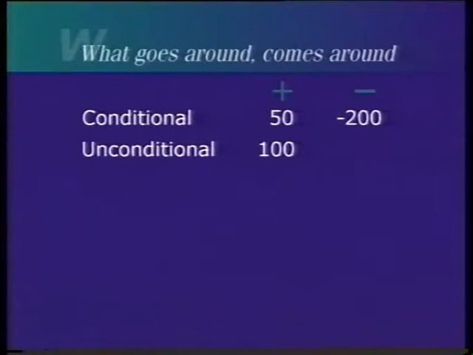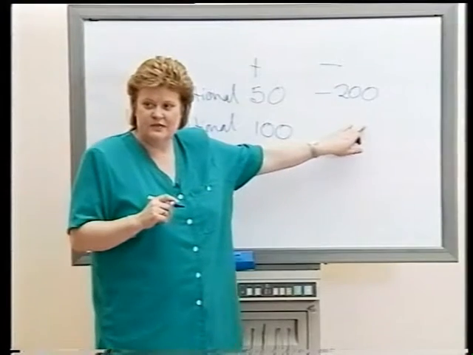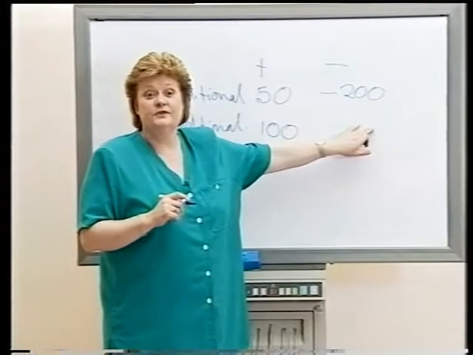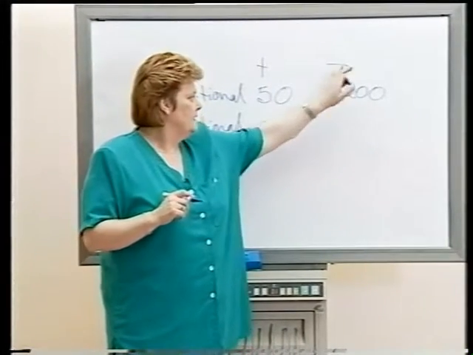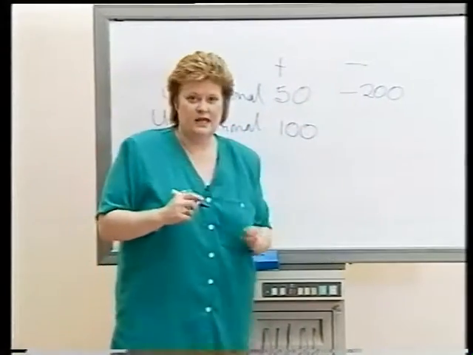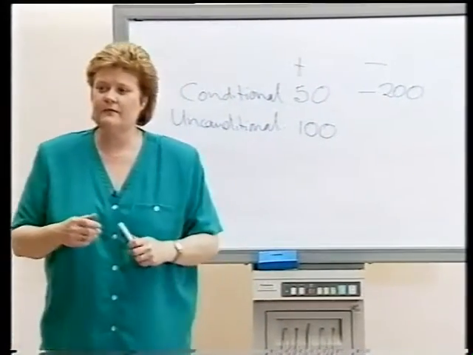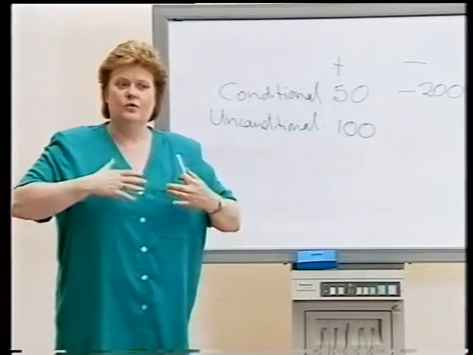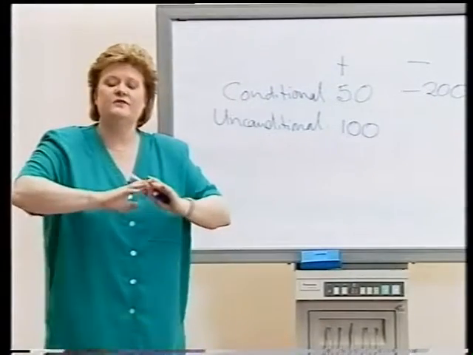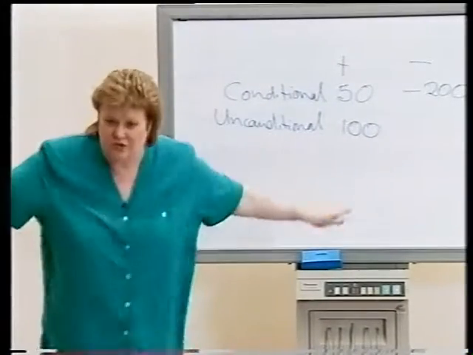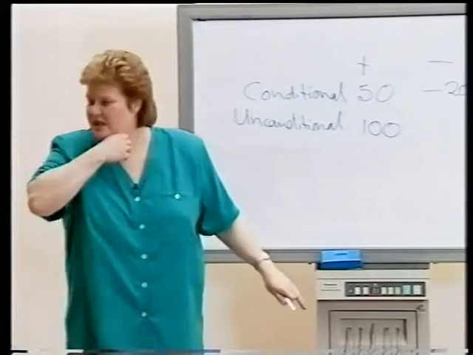Now this is the problem, as you can see developing here: the relative value of negatives is enormous. The unconditional negative interaction is anything that you do or say that gives you the message, I hate you, just get out, just leave me alone.